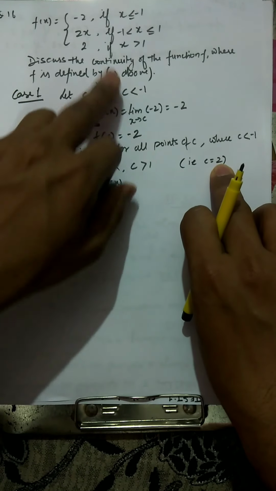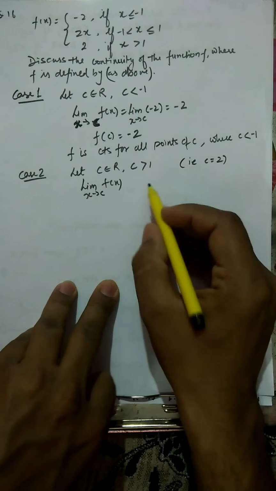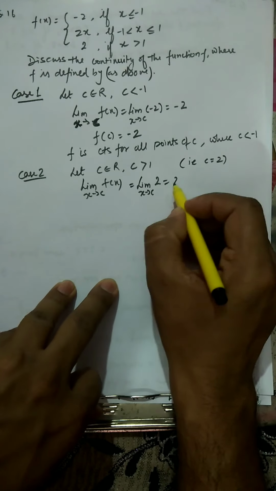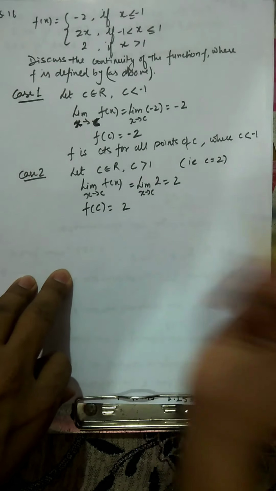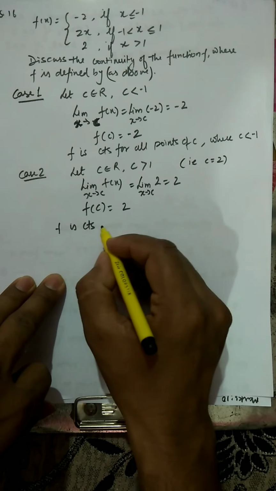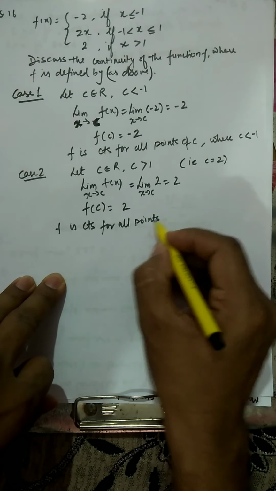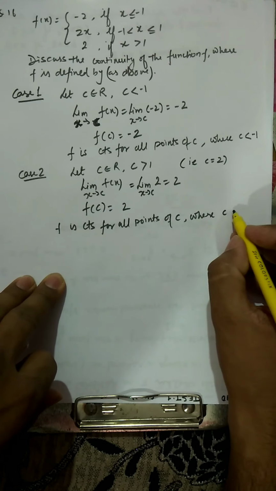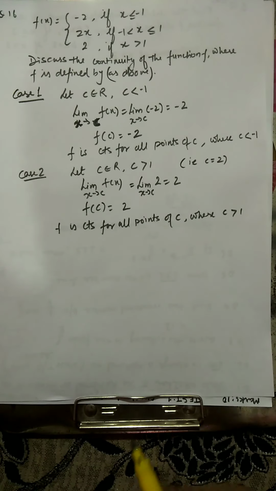So if c is greater than 1, then the function's value is 2. You can take the limit x tends to c of 2, and the answer will be 2, and the function's value at this point is also 2. So you can see again that f is continuous for all points c where c is greater than 1. Case 2 is very obvious, they will be continuous.